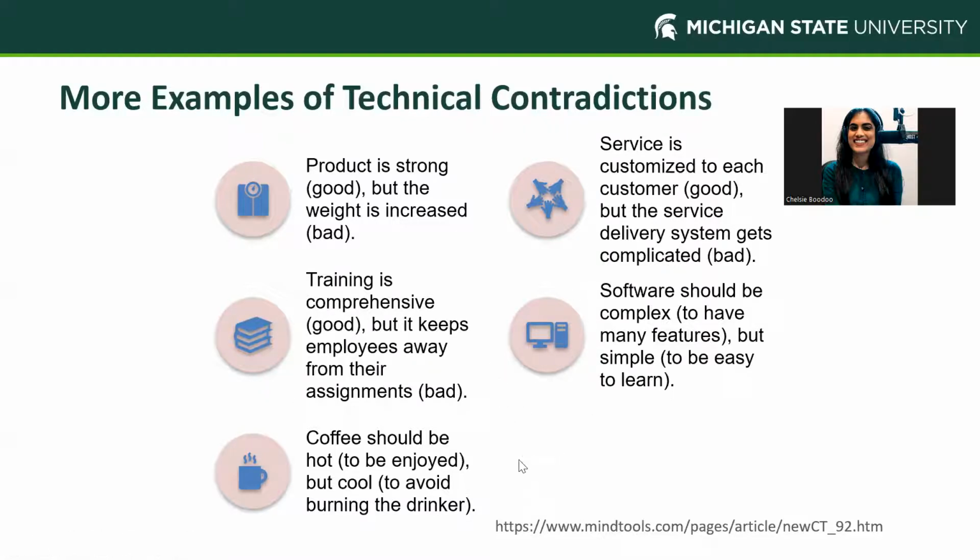Coffee should be hot to be enjoyed, but cool to avoid being burned. Service is customized to each customer, which is what we want, but the service delivery becomes complicated, which is bad. Software should be complex to have many features, but simple to be easy to learn.